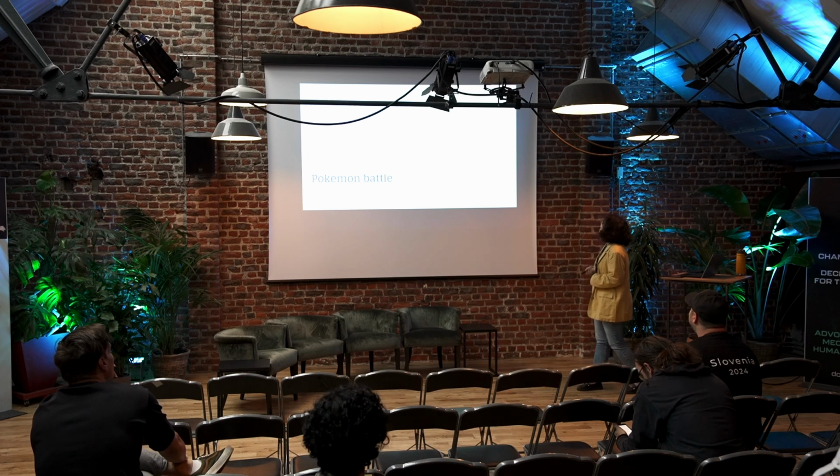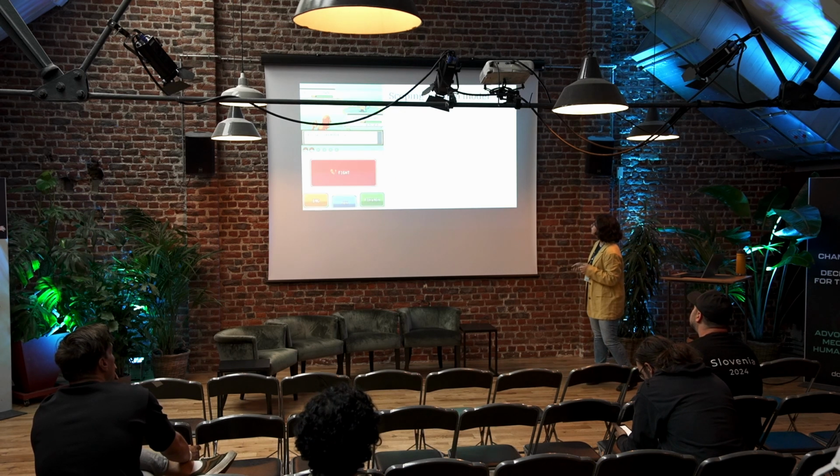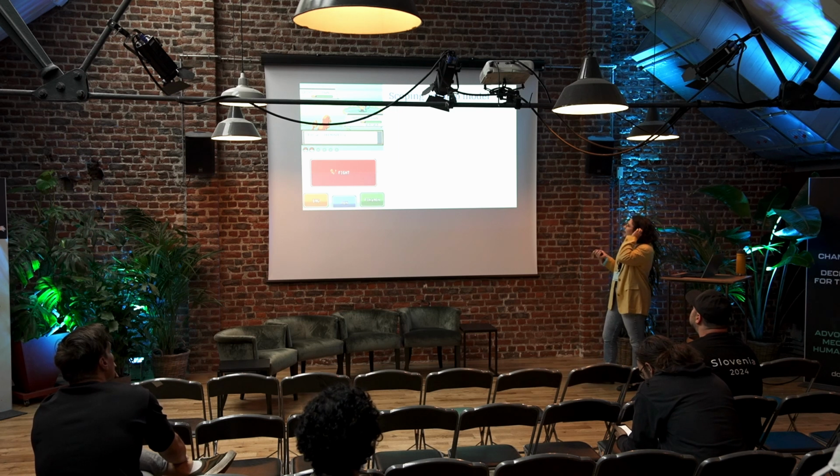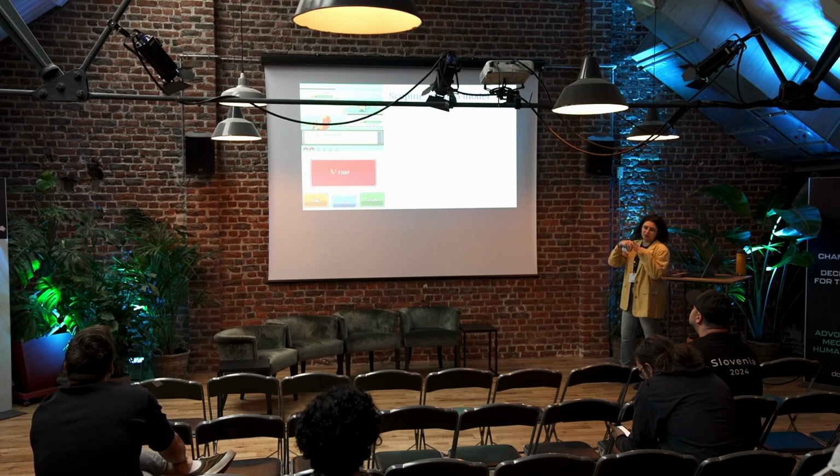So, okay, the first example is a Pokemon battle. In a Pokemon battle, each Pokemon can do anything, such as attack. Pokemon is a big game, so we're going to start small.